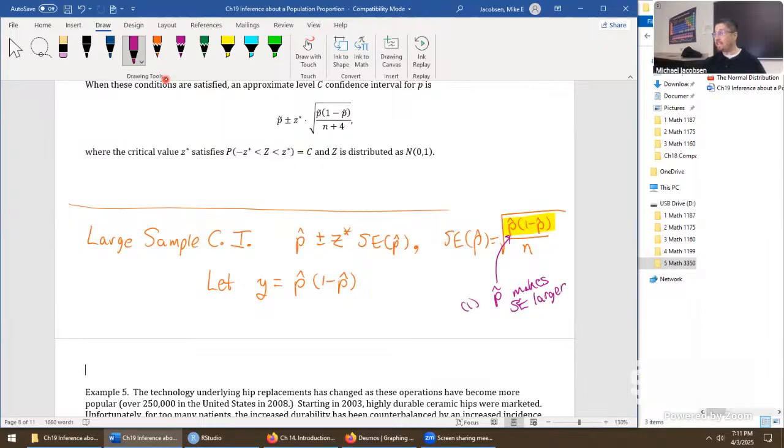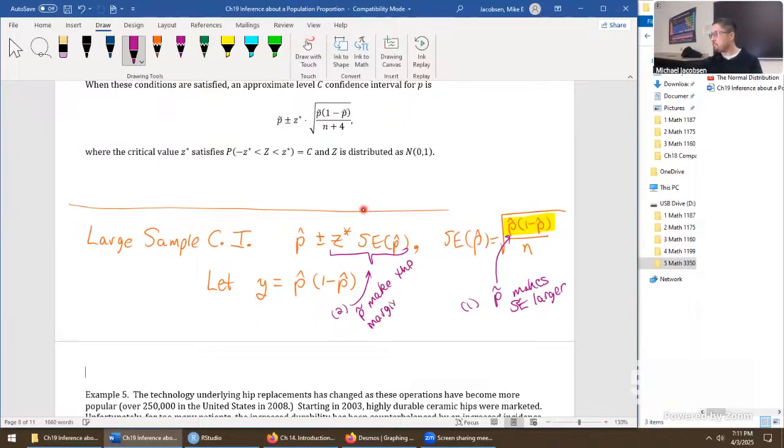So that's the first thought to think. But then if the standard error gets larger, we're over here. And then we can say for idea 2, P tilde makes the margin of error wider. And that's a good thing.